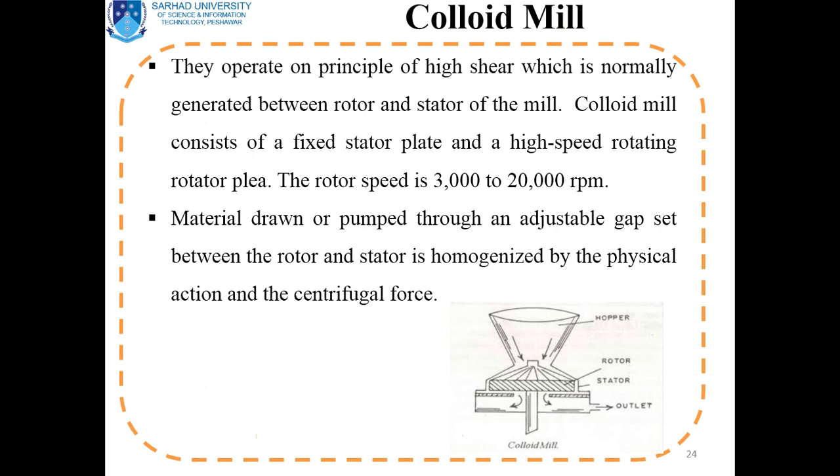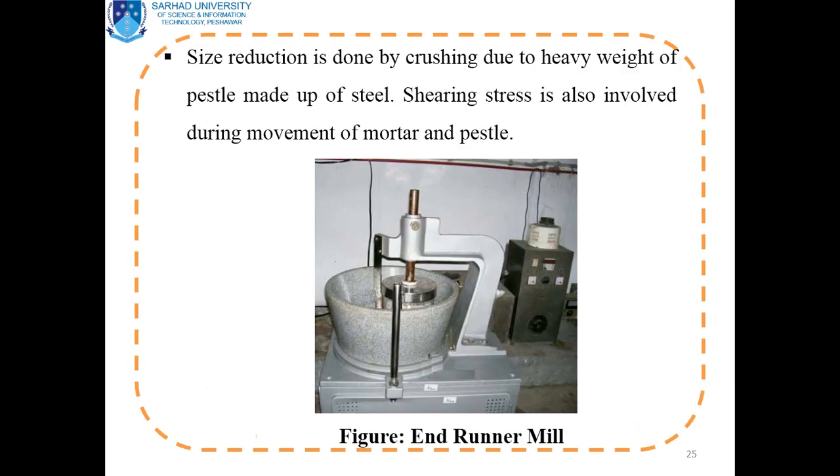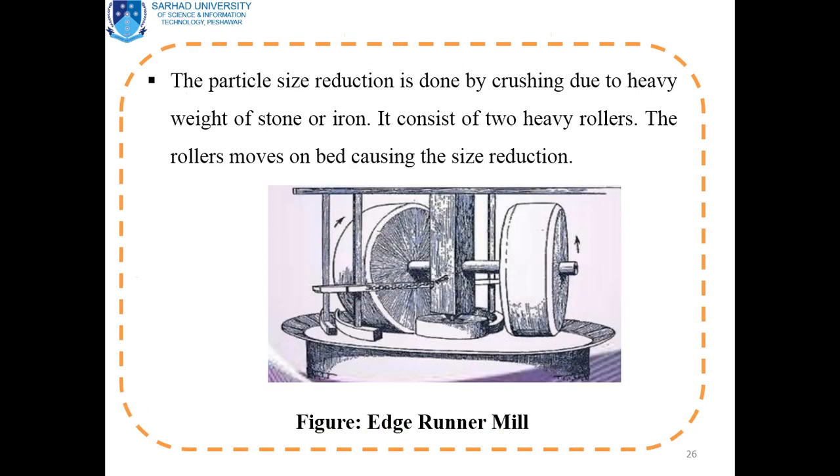Colloid mills consist of a rotor and stator, with a rotor speed of 3000 to 20,000 rpm. The runner mill consists of a heavy pestle made of steel, with shear and stress developed during the movement of the mortar and pestle.